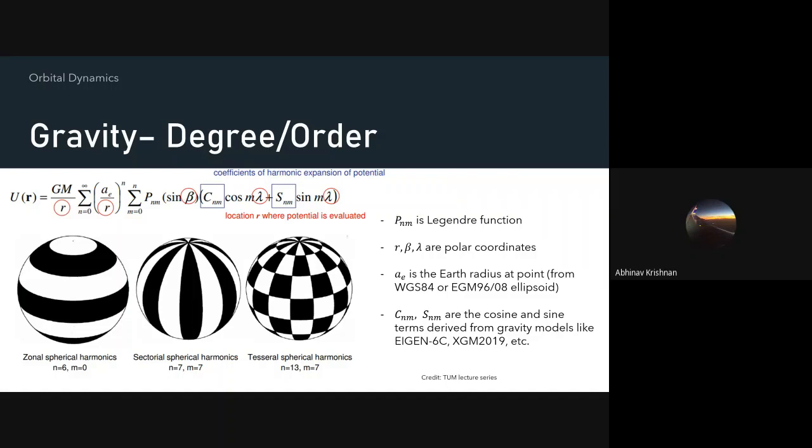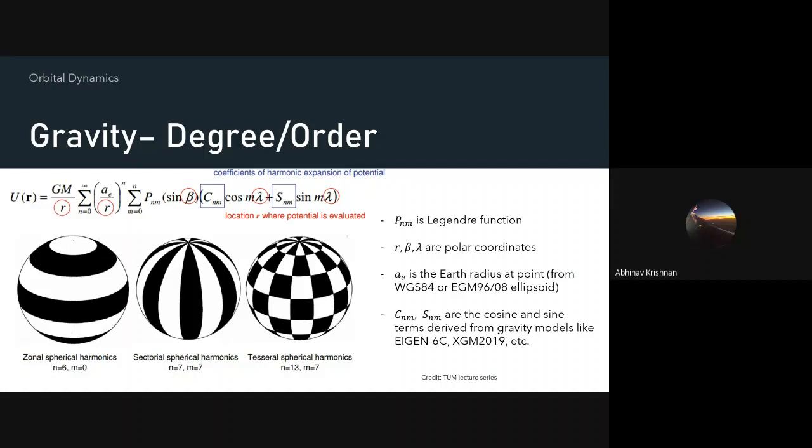Therefore, this equation accounts for something called spherical harmonics. Spherical harmonics are mathematical functions used to describe and model different phenomena over the surface of a sphere. In this context, they are used to represent the variations, which is anything like a mountain.